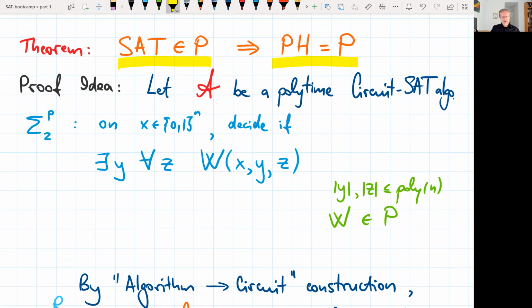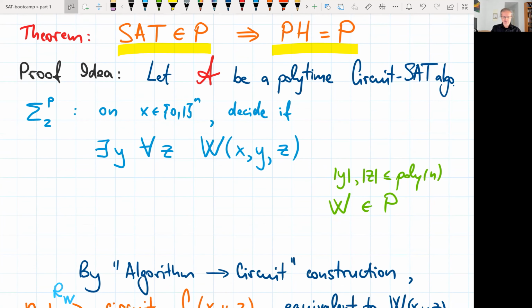So in particular, if SAT is in polynomial time, then I can solve the circuit minimization problem that I earlier defined, which is a sigma 2 problem, in polynomial time. The idea is kind of simple, but it's very subtle as well. So let me try to explain the proof of this theorem.